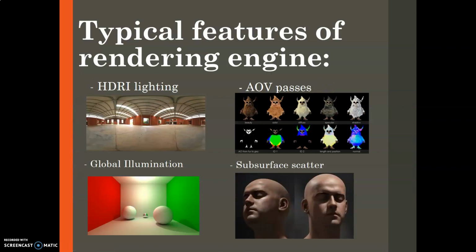And again, a rendering engine, alright, usually has features, and these are the common features that are shared among rendering engines. Even the old rendering engines like Mental Ray, Arnold, and whatever, have this kind of feature. So you can do HDRI lighting, which we've learned in year 1, and we have the AOV passes, which we haven't learned, and we have the GI, and we have the subsurface scattering feature to create human skin material and all that kind of stuff.